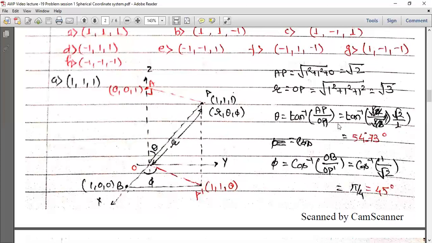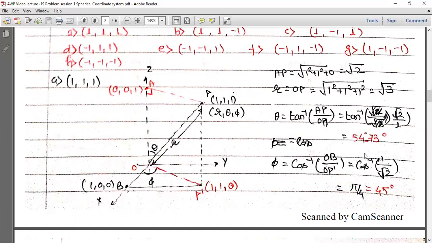So theta will be equal to tan inverse of AP upon OA, and AP is the square root of 2, and OA is 1. So it is tan inverse of square root of 2 upon 1, which is equal to 54.73 degrees. So the second coordinate theta in this particular case is 54.7.